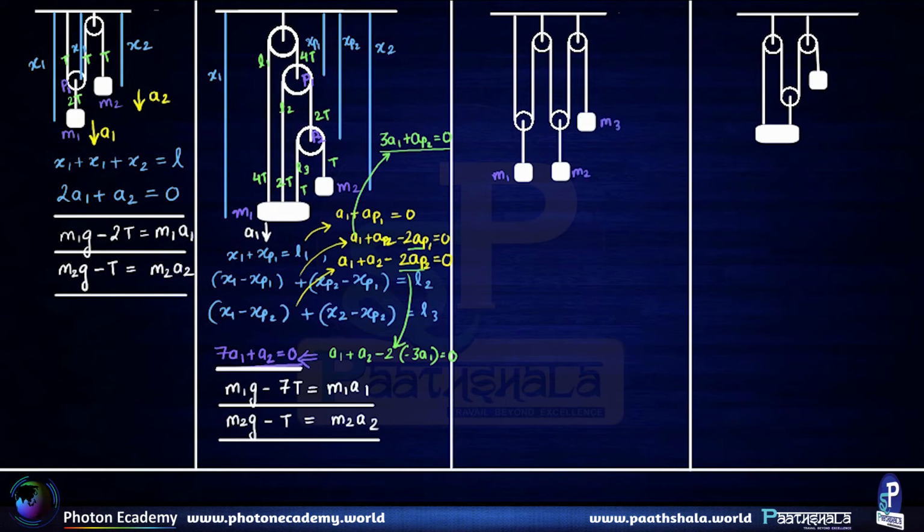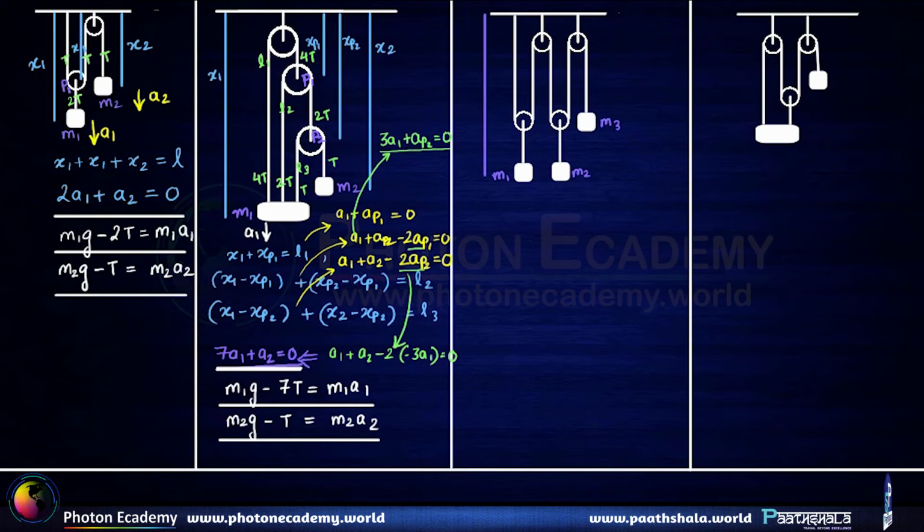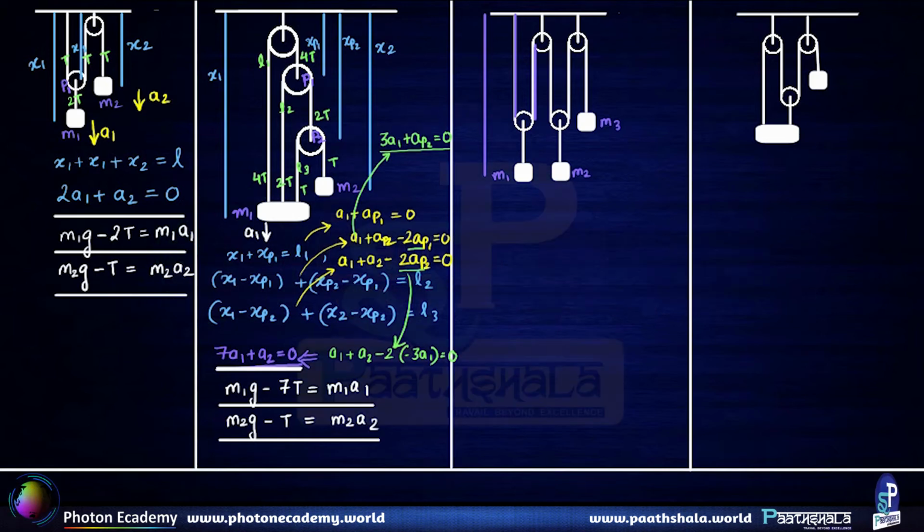Now the next question has three masses, m1, m2 and m3. It's a pretty straightforward question. So this is the distance x1. These two distances happen to be x1, because that pulley is moving as mass m1 is moving. So I can write down these two distances to be effectively x1.